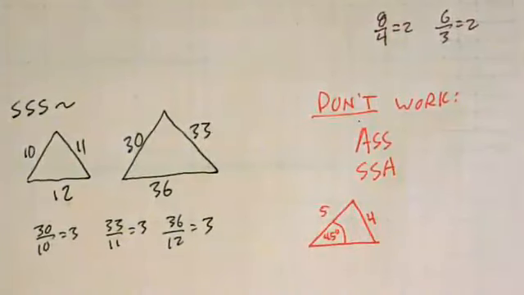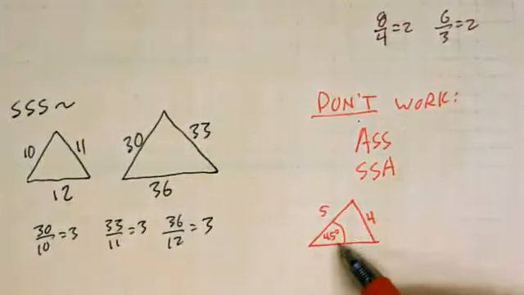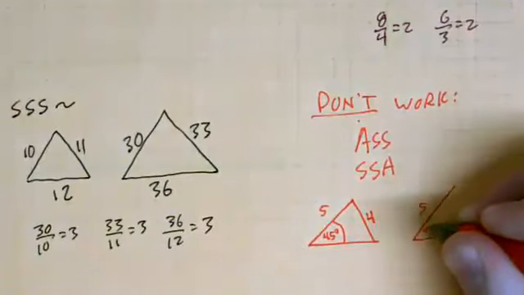Now, for those of you who are really strong visual thinkers, I want you to imagine that I take this 4 and I swing it over this way to get it to match up with the bottom of that triangle. What you would end up seeing, you would still have your 5 and your 45. That's not changing. But that 4 would actually work right here as well.